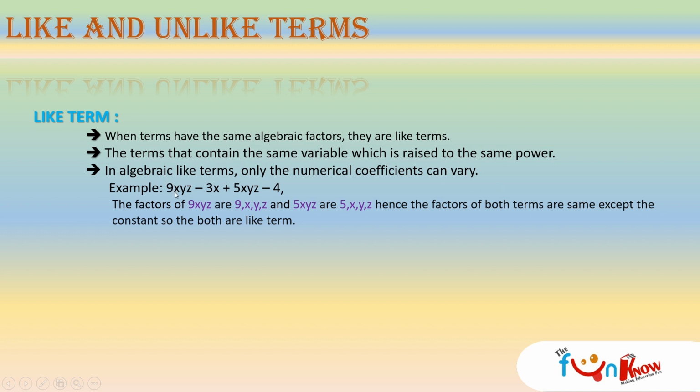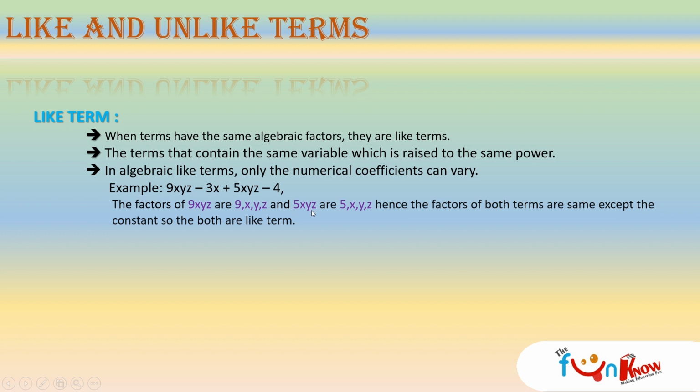Example, look over here students, 9xyz, 5xyz, these are known as like terms. Why? Because xyz, they are like, they don't have any raised power. In this term 9xyz, that is 9 times x, y, z.